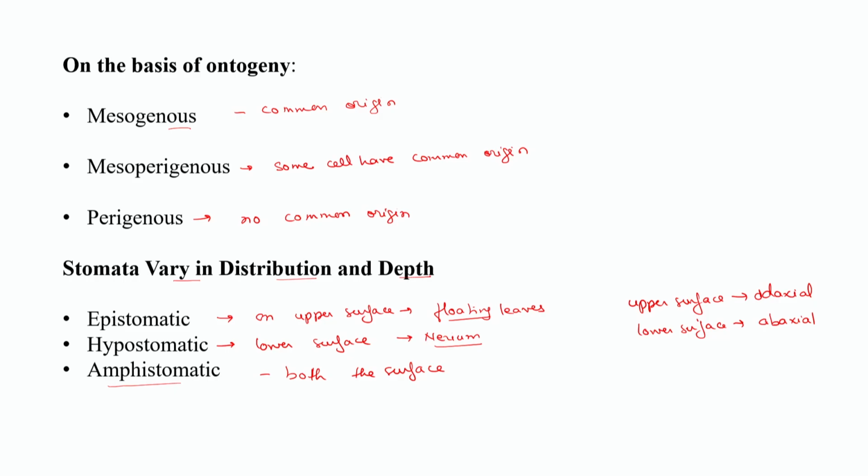In dicots, generally they have stomata on both surfaces, so we can call them amphistomatic, but generally the stomata are found more on the lower surface. This is also to reduce loss of water through transpiration, because the lower surface will have a more shady environment, more humidity, and will be less affected by light and temperature.